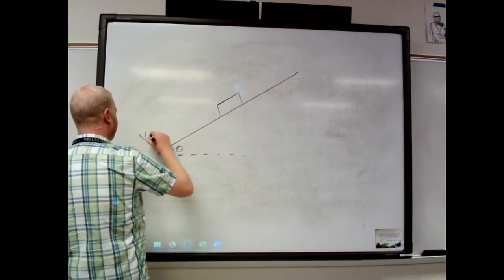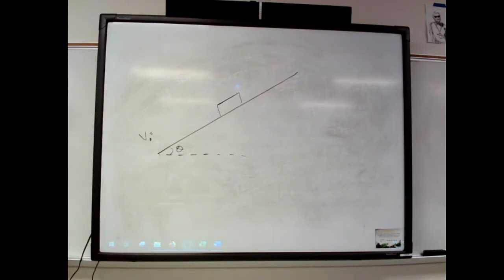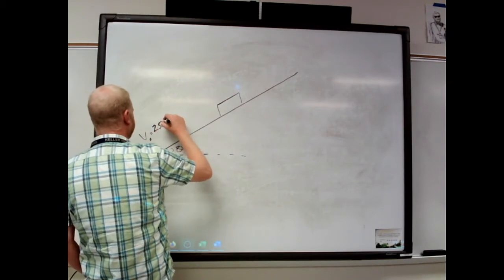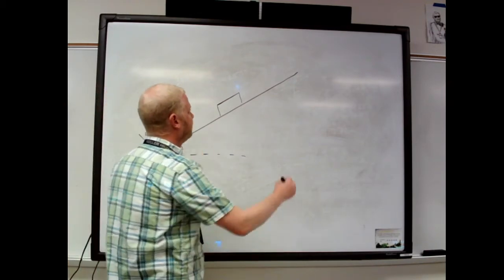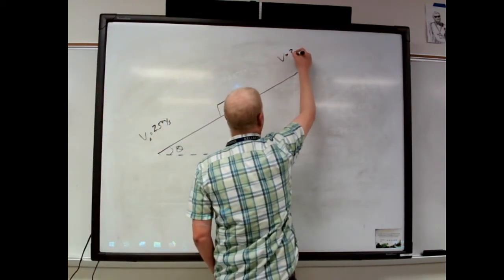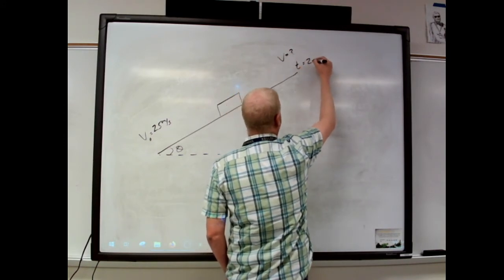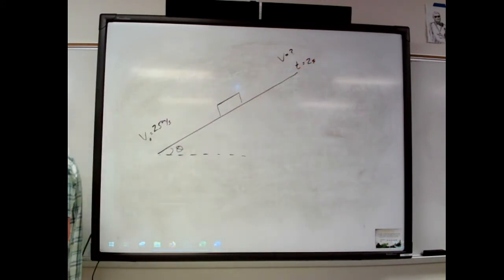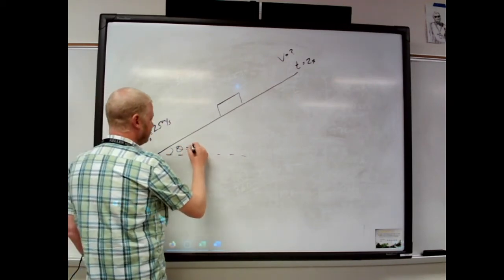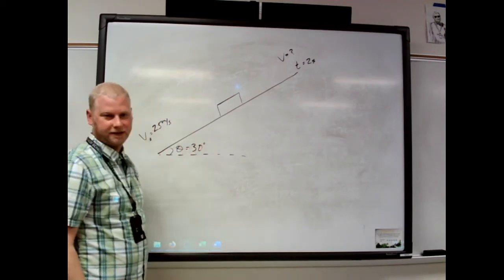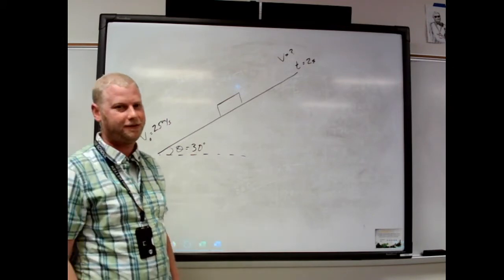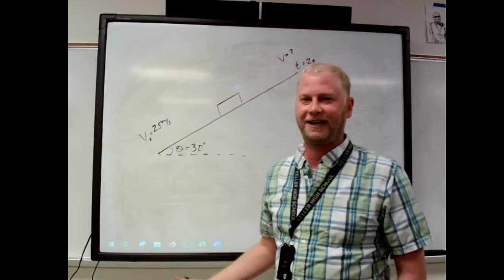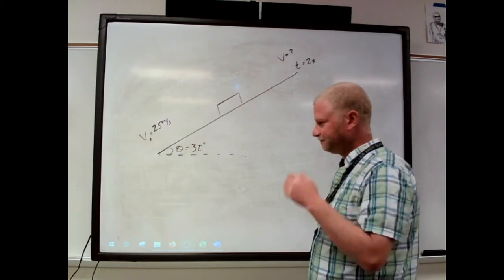We're also told that it approaches this hill with an initial velocity of 25 meters per second. And we want to know our final velocity up here, given the fact that it takes 2 seconds to make it there. And we're also given the fact that the incline is at 30 degrees.